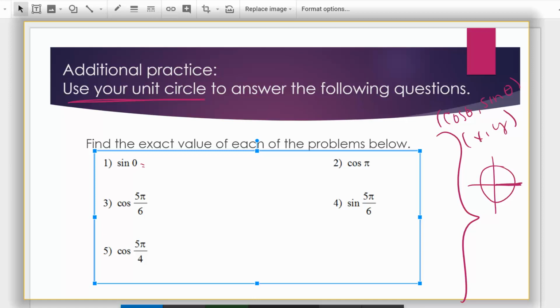Then you're going to go to wherever cosine of 5 pi over 6 is at. Somewhere on your unit circle, right? So say it was here. Then you're going to take the x value, and that's what this is going to be equivalent to. Okay, so you're going to find all of what these are equivalent to.